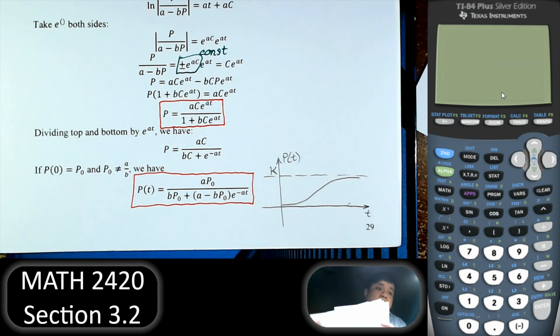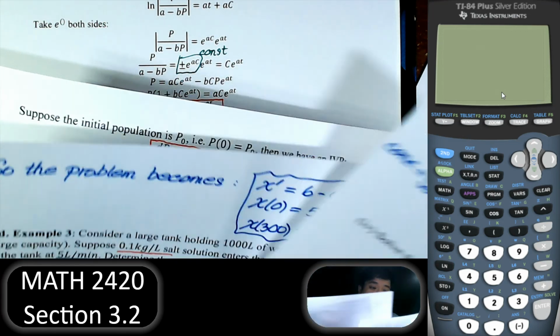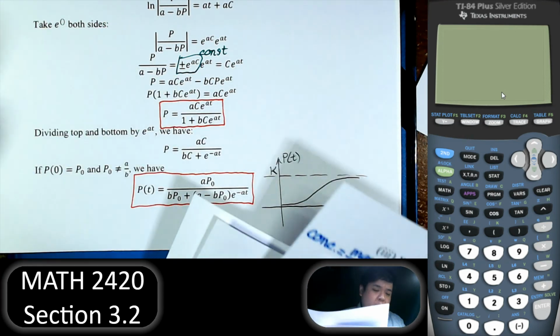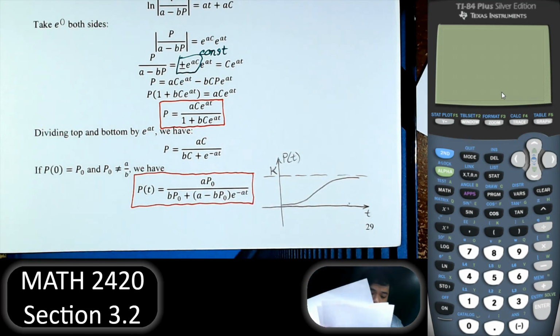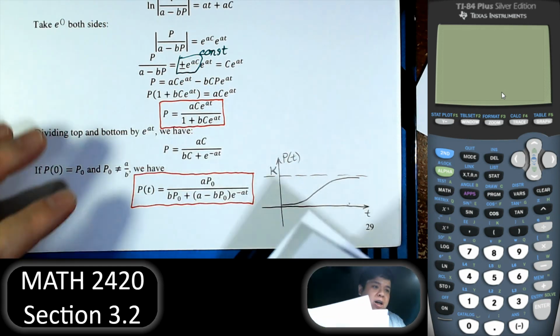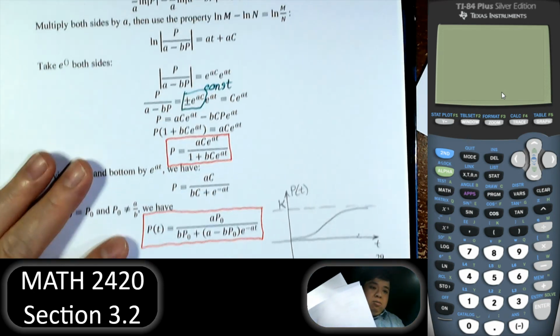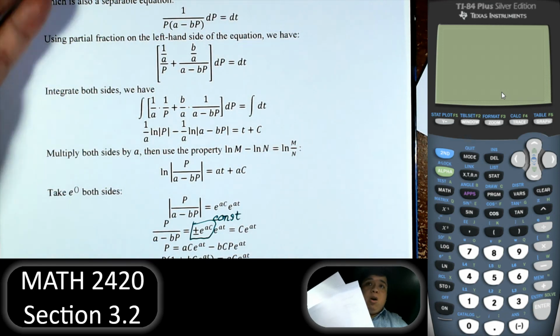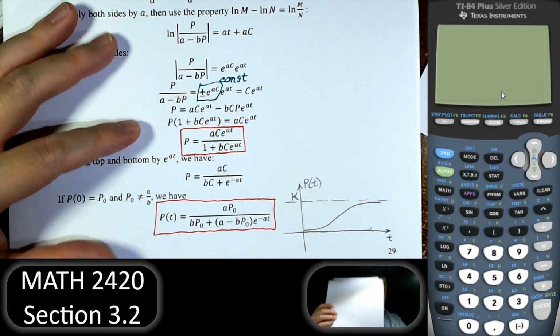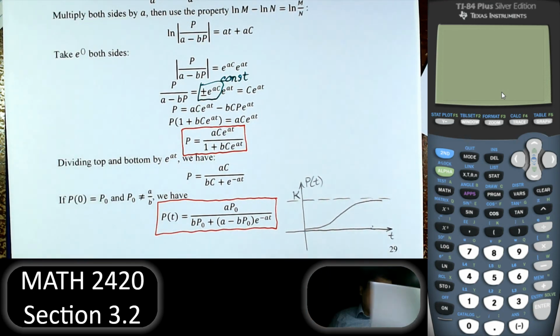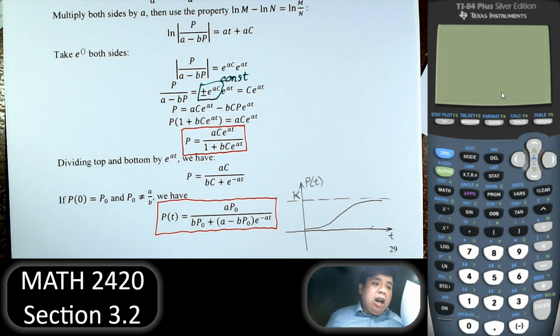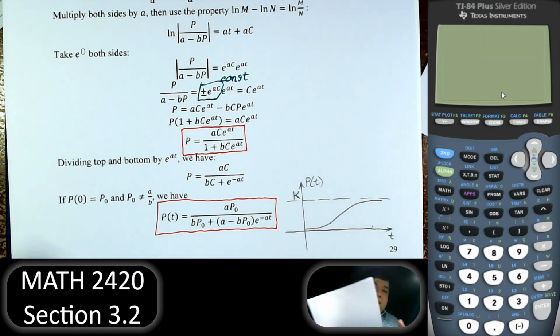The second one is the population models, and in that we only worry about exponential growth. We might have exponential decay in that too, but it's still the same formula. The logistic model, I'm just going to introduce the problem, but we will not do any example in that. But that's all the applications I want to cover for this section.